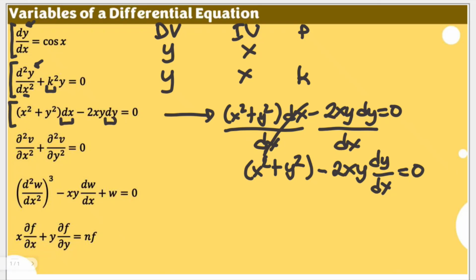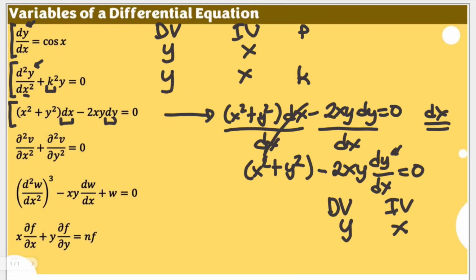By dividing all terms by dx, we can determine that our dependent variable would be y, and our independent variable is x.